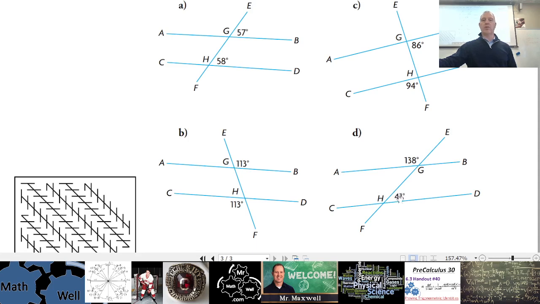What you do know is that 41 plus H should be 180. That is always true, no matter if these lines are parallel. So if you can determine that H should be 139, then because corresponding angles H and 138 are not equal, the lines are not parallel. So that's another way you could do that.